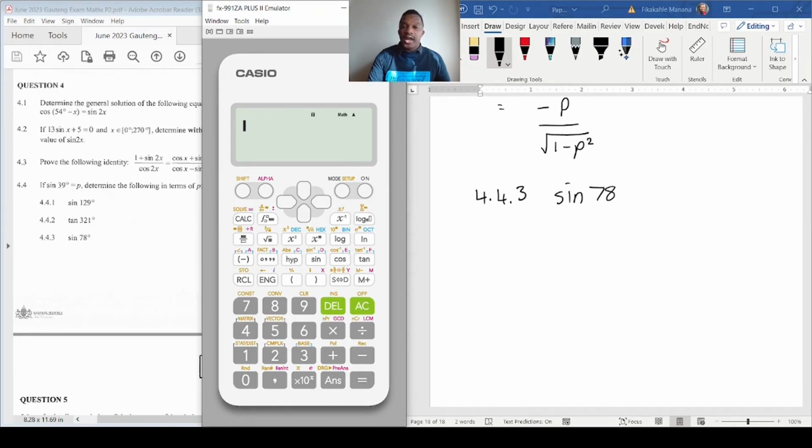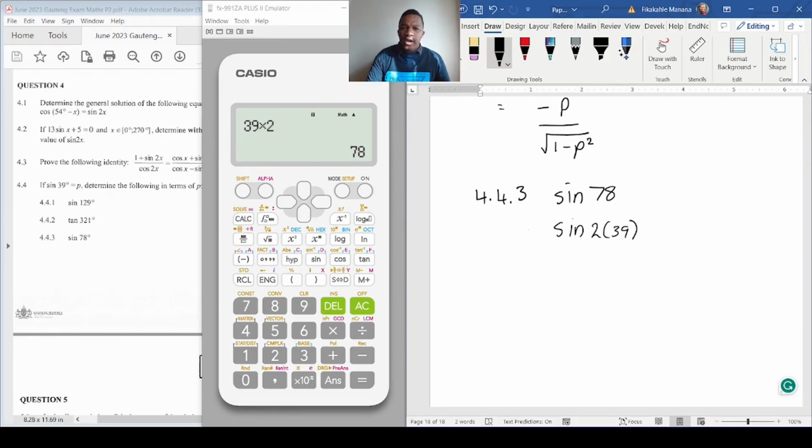The only way I can get 78 is if I say 39 times 2. So this becomes a double angle now. It becomes sine 2 times 39. Remember, with all of these manipulations, they must all have 39.